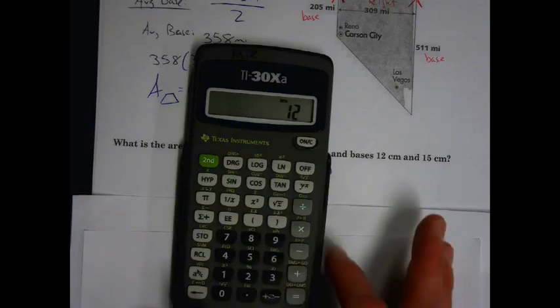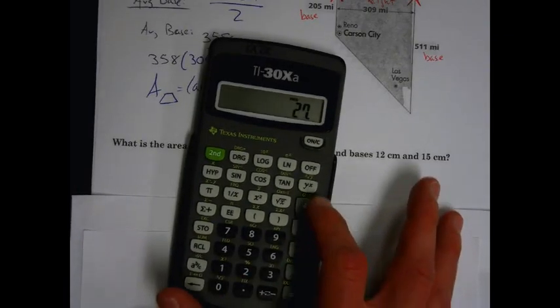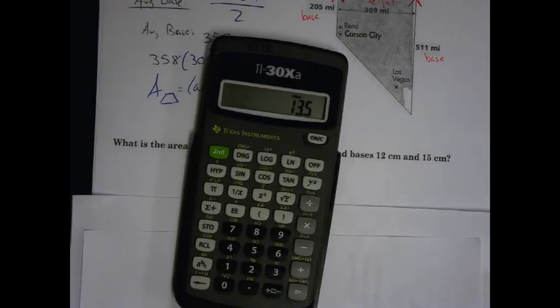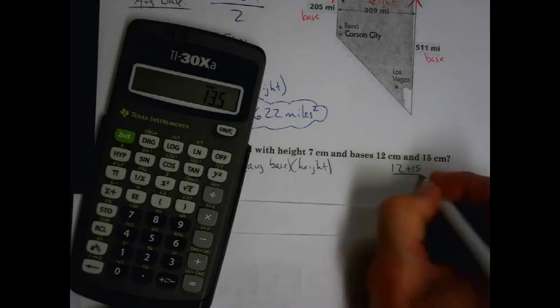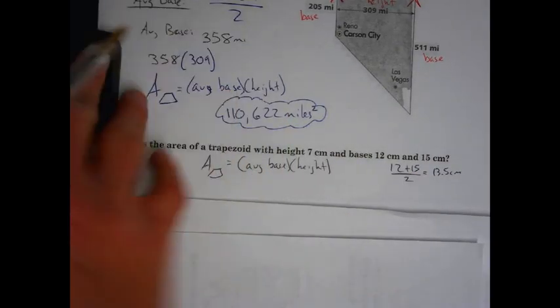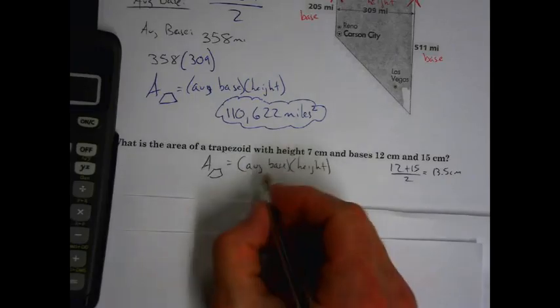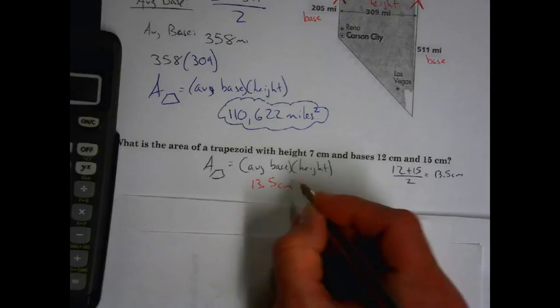We add 12 plus 15 and divide by 2. So it's 13.5 centimeters, our average base. And the height was given as 7 centimeters.